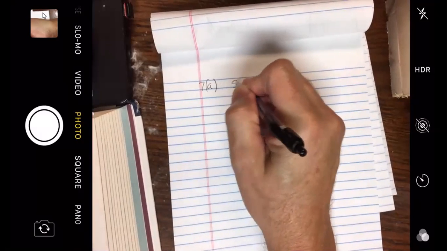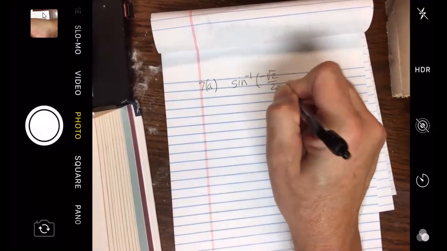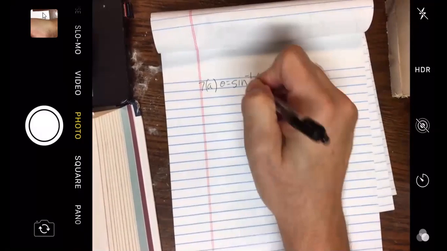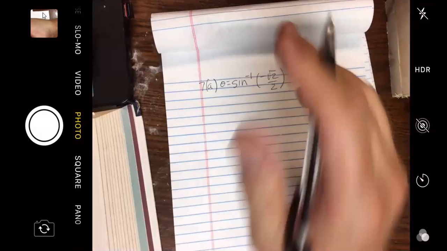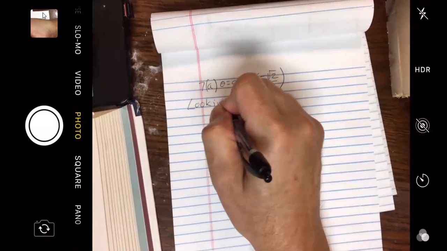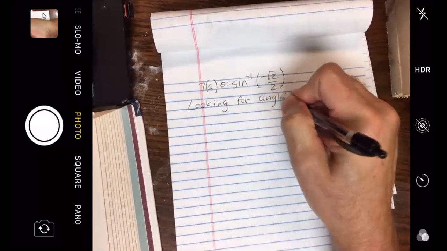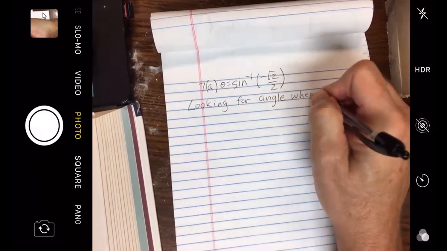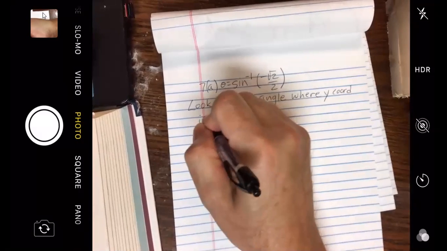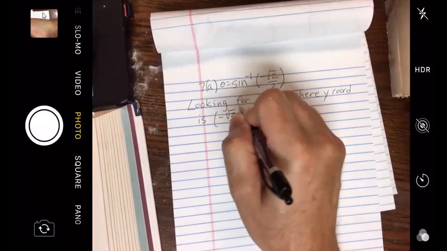All right. Maybe I'll try the gibberish on 7a. Arc sine of negative root 2 over 2. And I'll call this an angle. Any arc anything turns out as an angle. You're looking for the angle where the y coordinate is negative root 2 over 2.